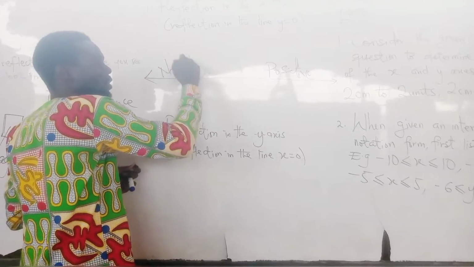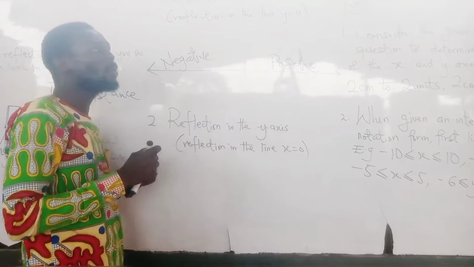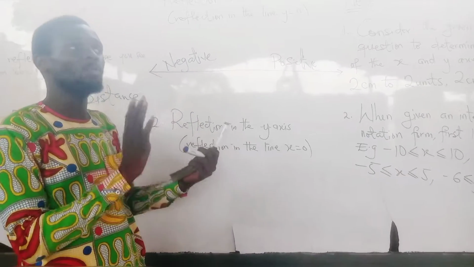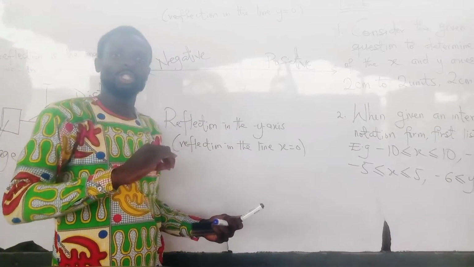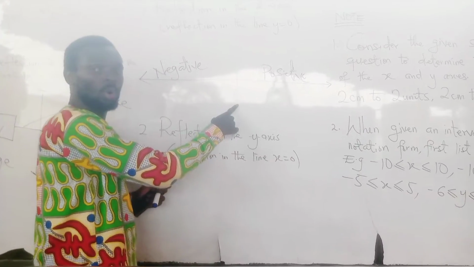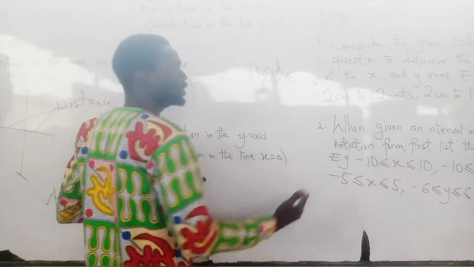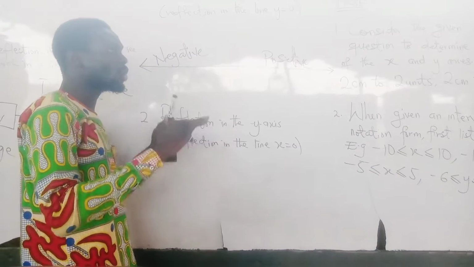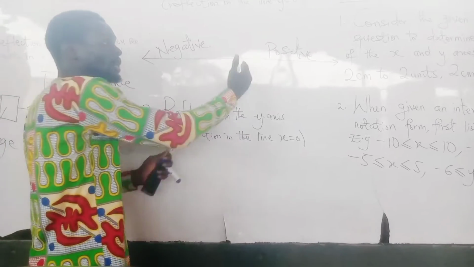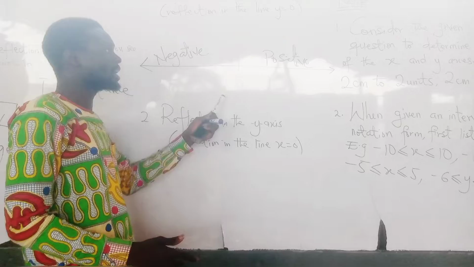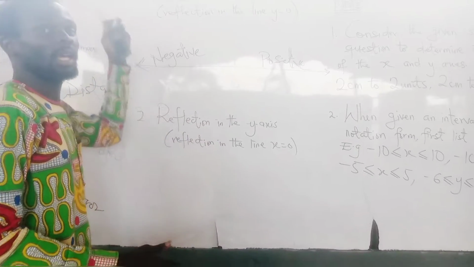Negative. So how we arrange numbers on the number line is the same way we arrange on the x-axis. So you have your origin, which is the O. All the numbers on your right are the positive numbers, and all the numbers on the left are the what?